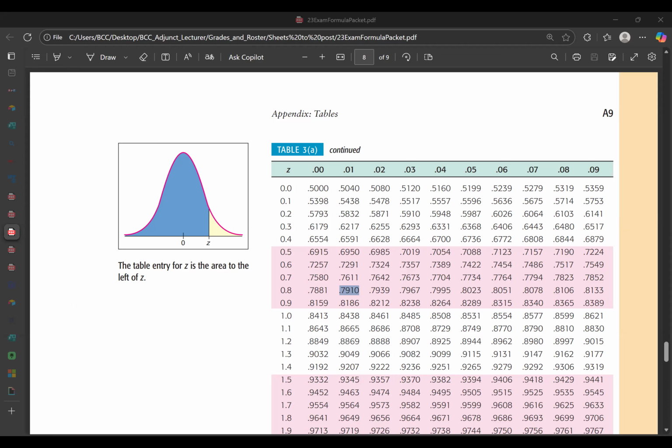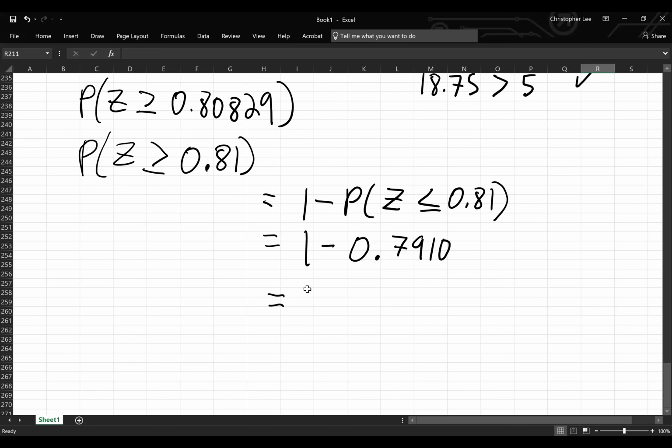So from the 1 minus the probability of z less than or equal to 0.81, right? How do you go? Because of the decimal, 0.8 is the z, and at the top of the page is the hundredths place.